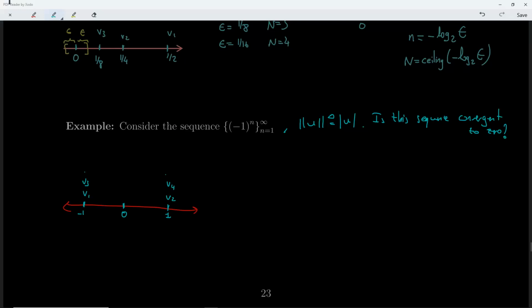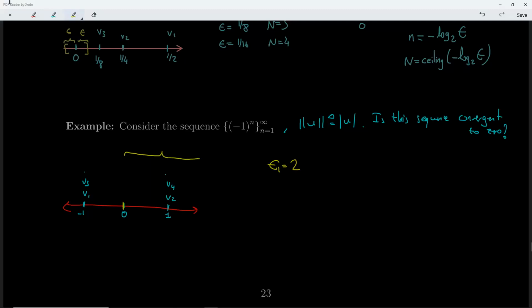So given an epsilon, I should be able to find the n value such that Vn minus 0 is less than that epsilon for sure. Let's start with epsilon equal to 2, which means I should go to the limiting value 0 over here and check the epsilon neighborhood.